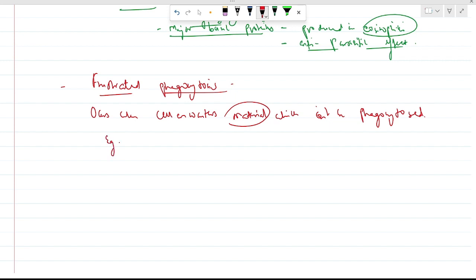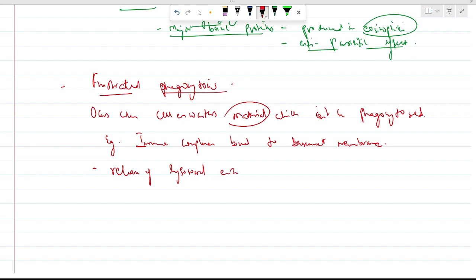For example, there are immune complexes bound to basement membrane. As phagocytosis cannot occur, there is release of lysosomal enzymes to the outside.